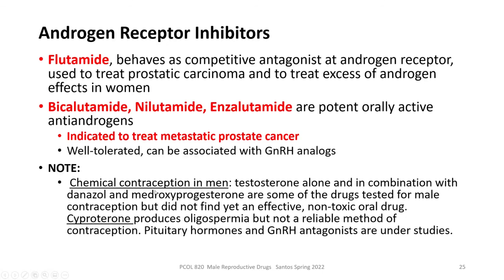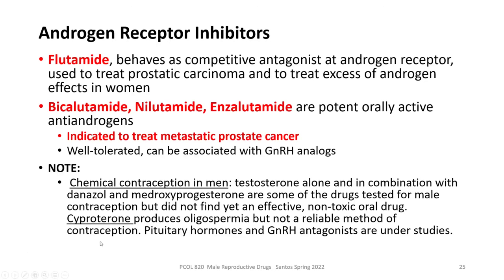And there's a note here that I put on that is in your textbook: chemical contraception in men. Testosterone, and in combination with danazol and medroxyprogesterone, were tested for contraception, but there was no reliable method.